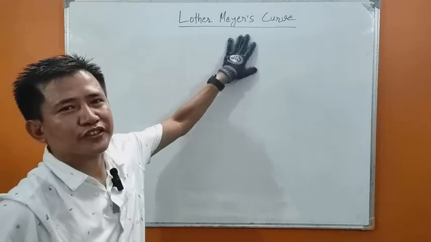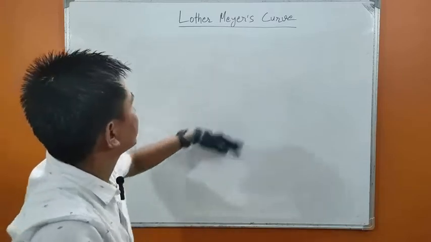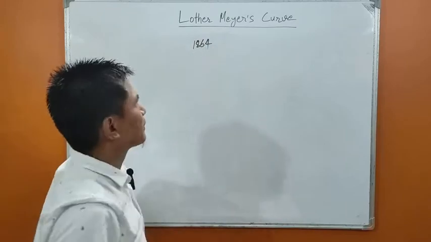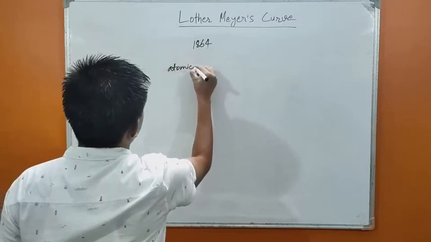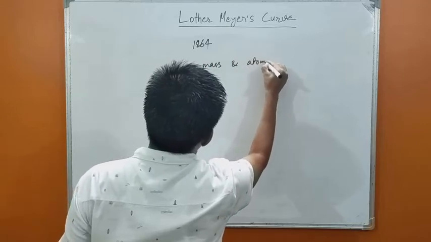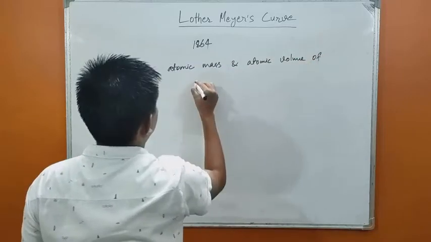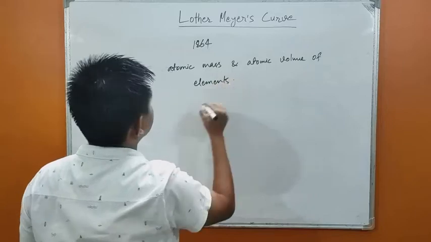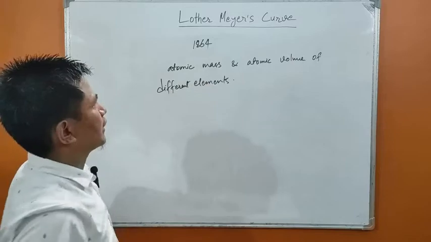Lothar Meyer was a German scientist. In the year 1864, he conducted an experiment and found the relation between atomic mass and atomic volume of different elements.